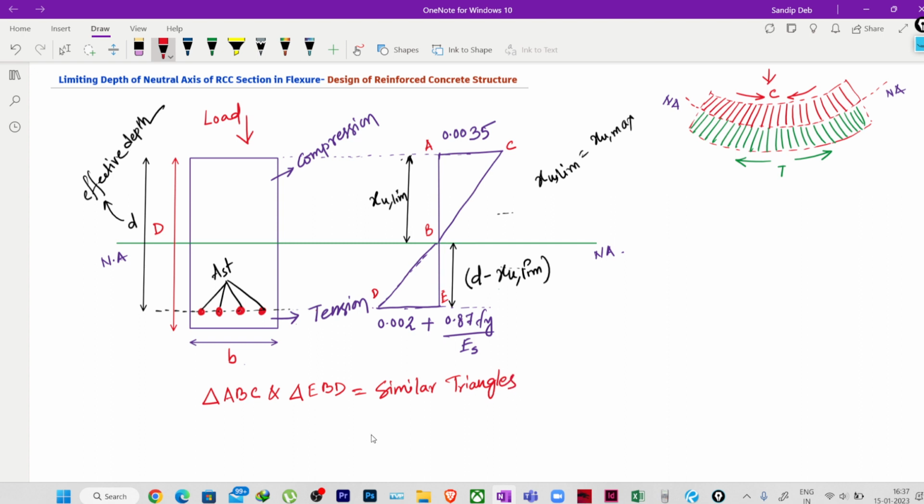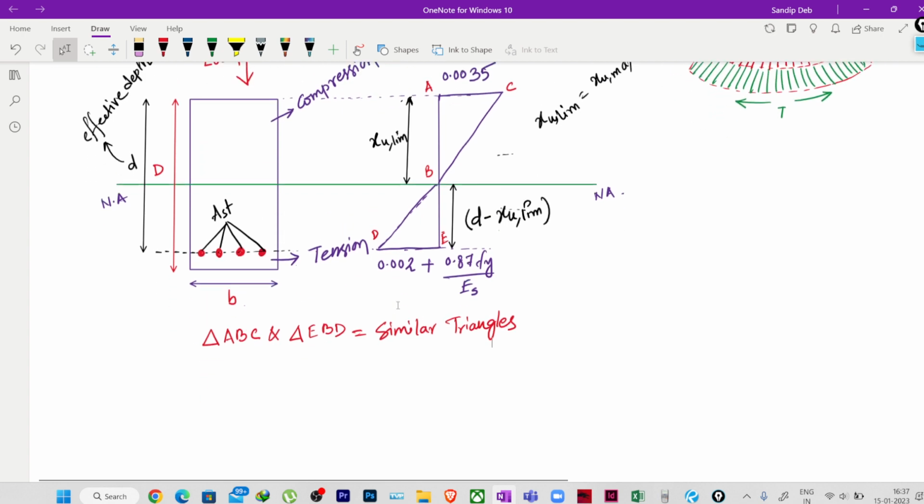Right? So if these are similar triangles, then what can we write?